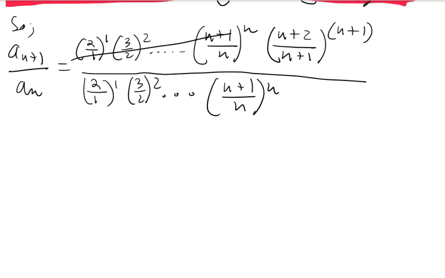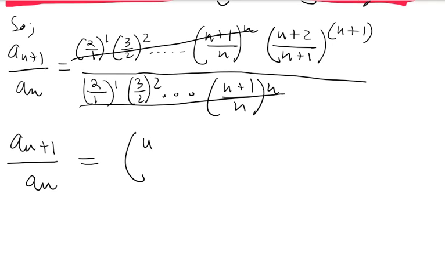So from here this got cancelled out, right? So we have a n plus 1 divided by a n is equal to n plus 2 divided by n plus 1 whole to the power n plus 1.